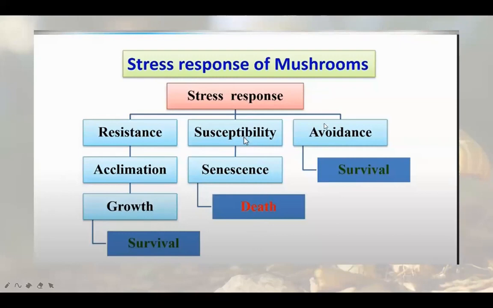And if it avoids the stress, there can be survival. These are the three strategies used by the mushroom to respond to stress. Whatever the stress, whether abiotic or biotic, there are three ways: it can avoid, it can resist, or if it becomes susceptible, it has to die.